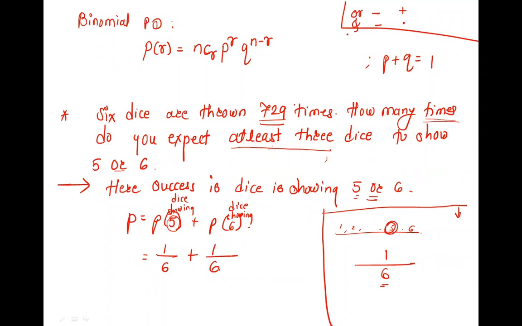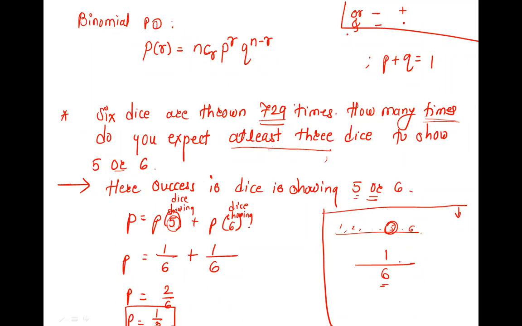So total probability there is 1/6. So p here is 2/6, that is 1/3. We got p. So are you getting? This is a different question, and you can easily find its probability if you know the definition of probability.